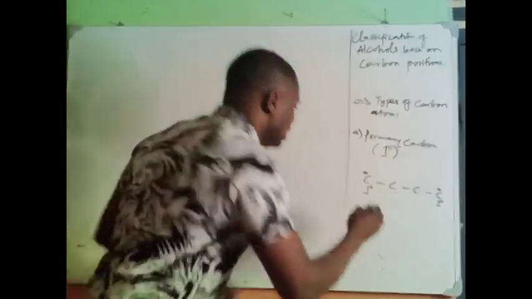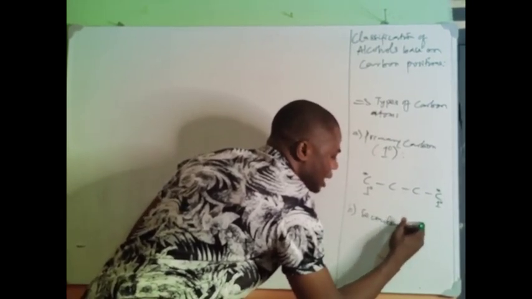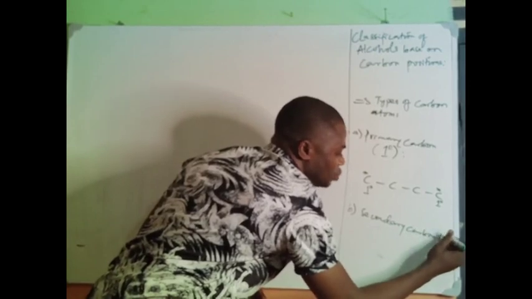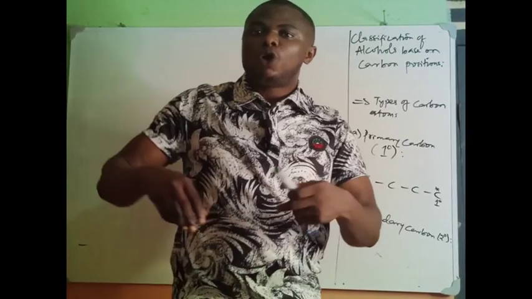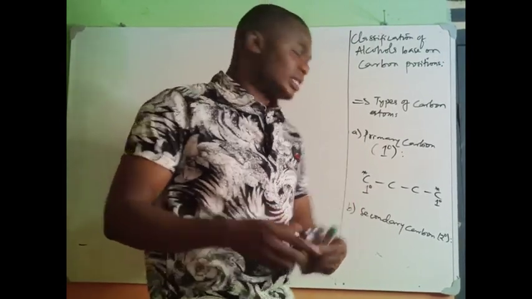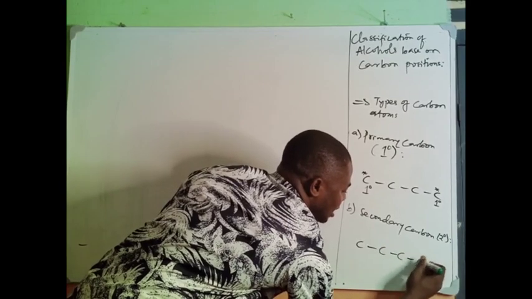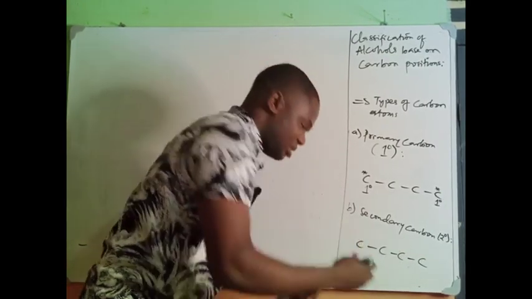So when you go to the B part, secondary carbon, designated as 2 degree. A secondary carbon is a carbon atom that has 2 other carbons directly attached to it. So let's go by the same thing I did here. You see here, on any one I put asterisk.